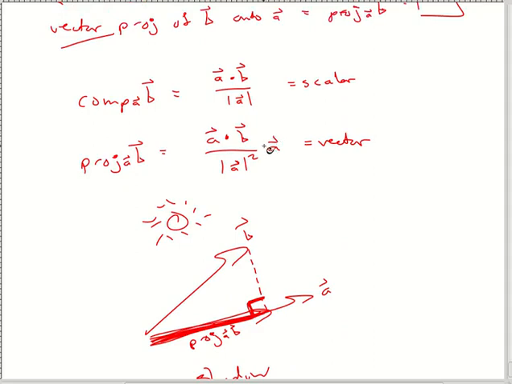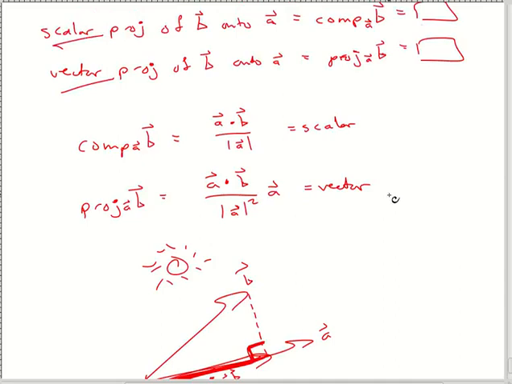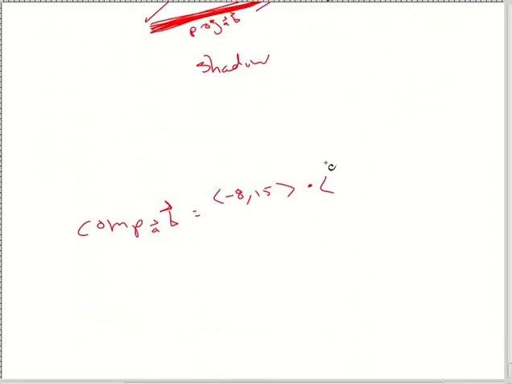So let's do that. Okay, here we go. So comp onto A of B is equal to the dot product of these two vectors. I gave you the two vectors earlier, right? I'm just copying it down. And then divided by the magnitude of A. Again, notice I don't have that 8 squared, or that negative 8 squared, it's just 8.